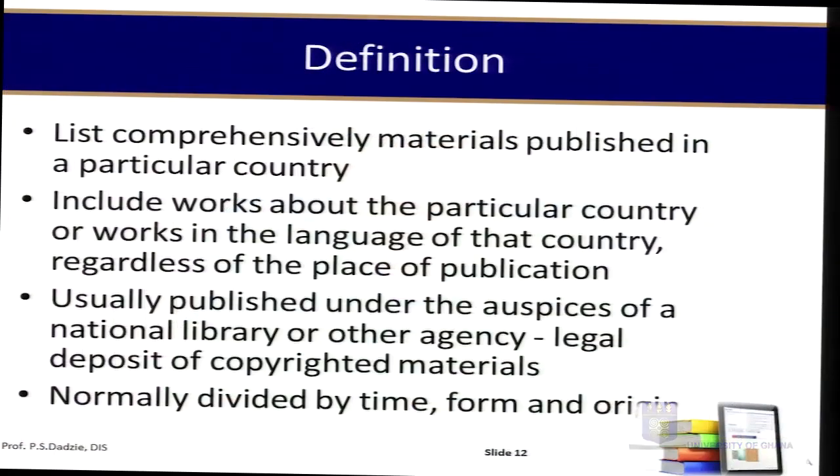National bibliographies also contain materials on a particular country. So even if the material is published outside the country, but it is on Ghana or it is in a language of Ghana, it will enter into the national bibliography.